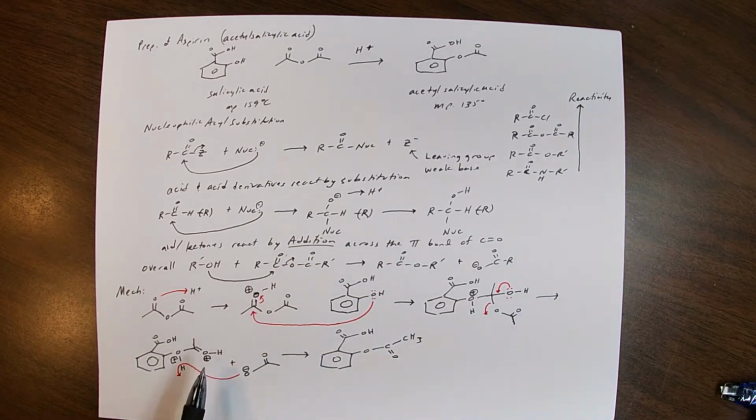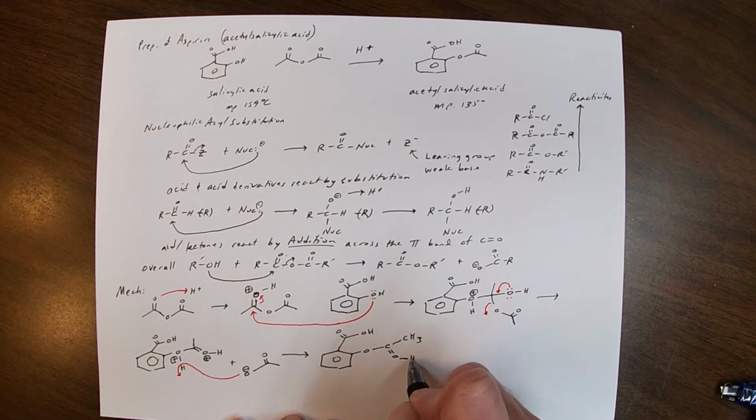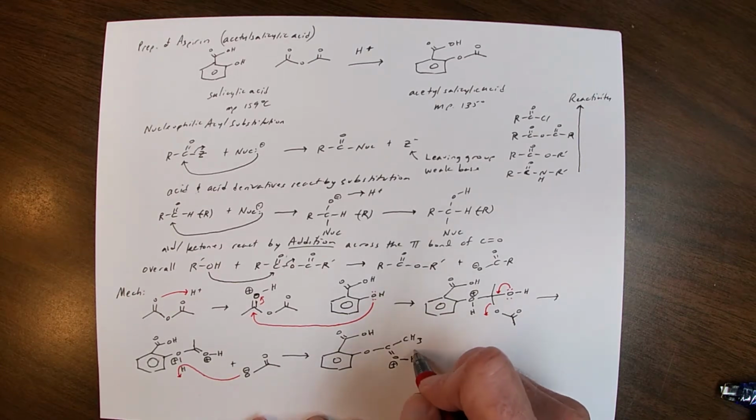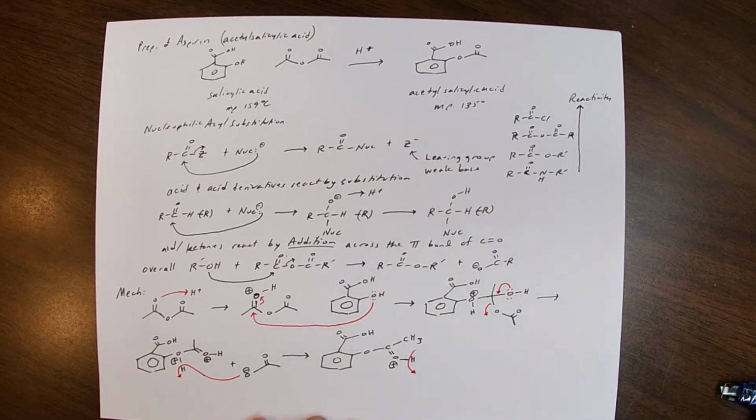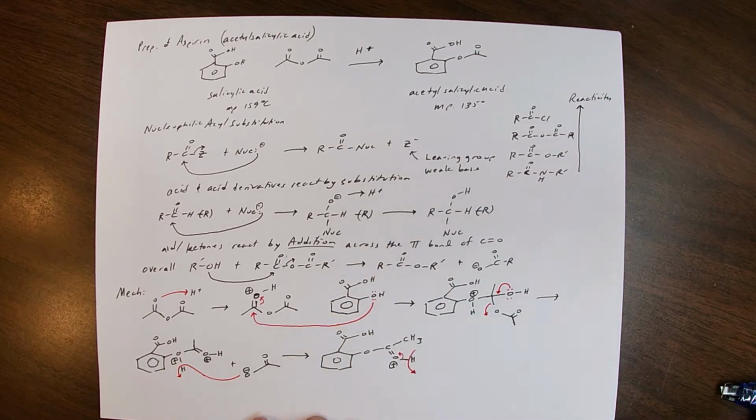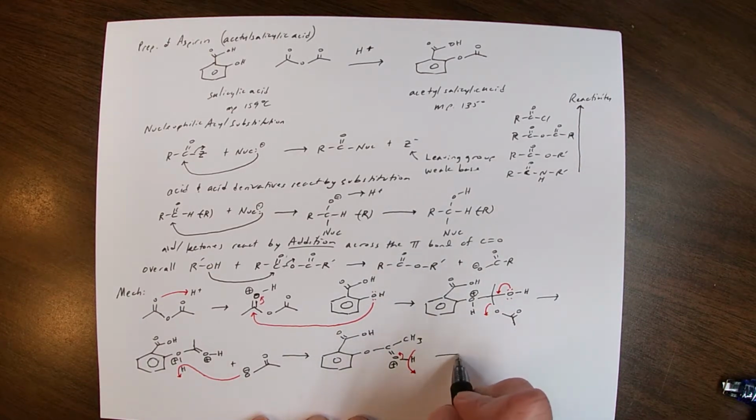Notice that this is still protonated, and that's our catalytic proton that we started with up here. And we just simply lose it to the solvent. And again, this electron pair goes back into the oxygen. And so now we have our final product.